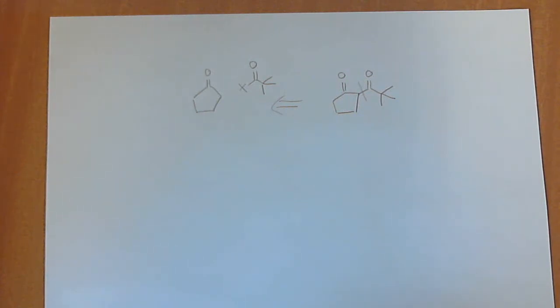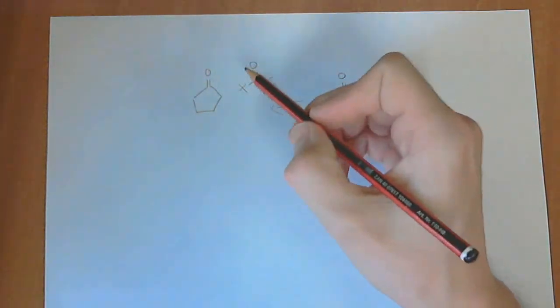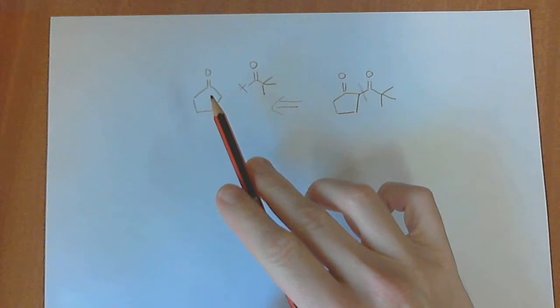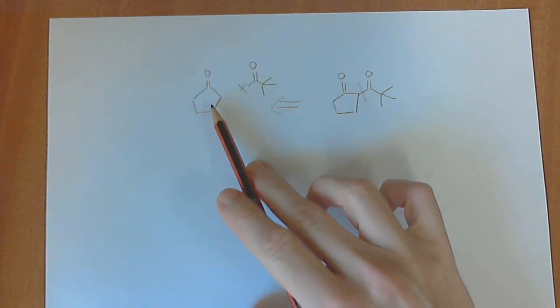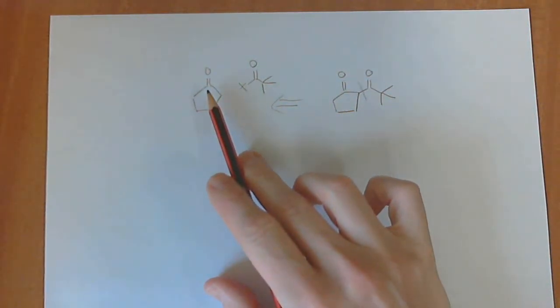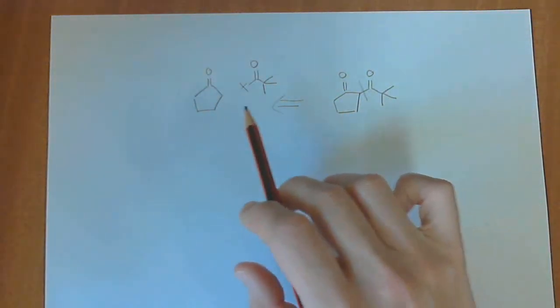So now you're left with a whole host of different ways of getting these two things to react. We could form our lithium enolate with LDA and then add this, and we would get this reaction. We could make a silyl enol ether. It's a great one to use, and then we could add this and we get this reaction.